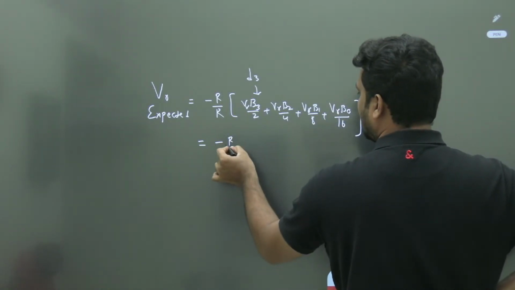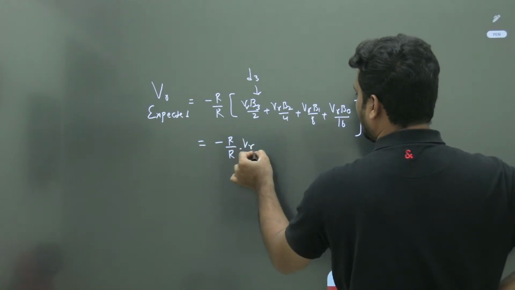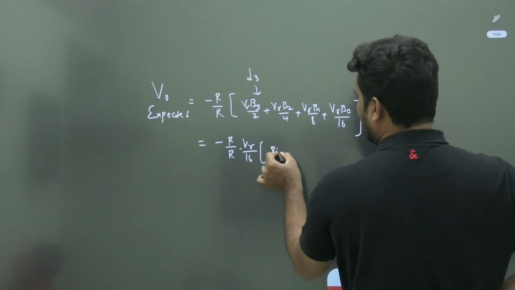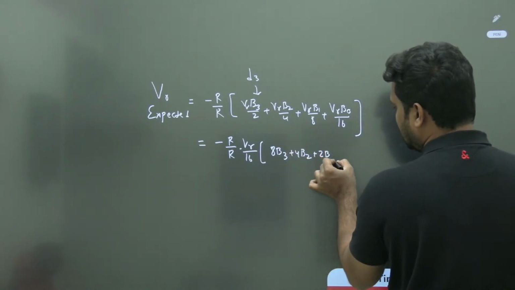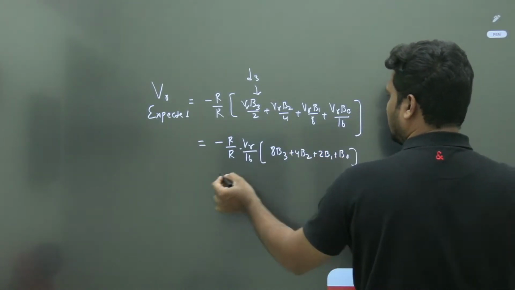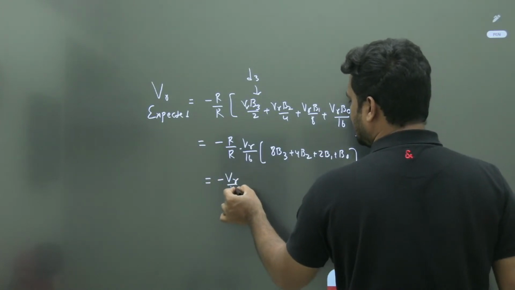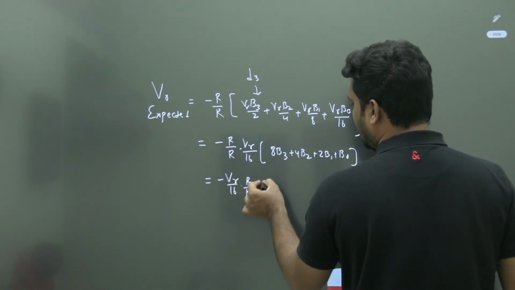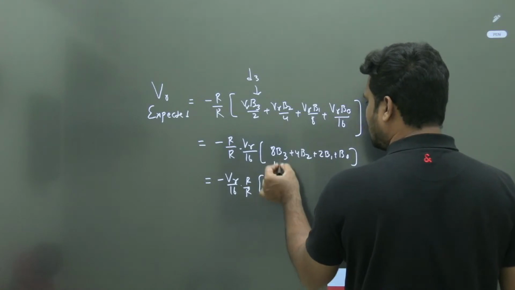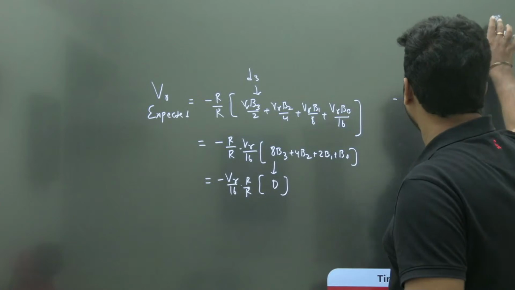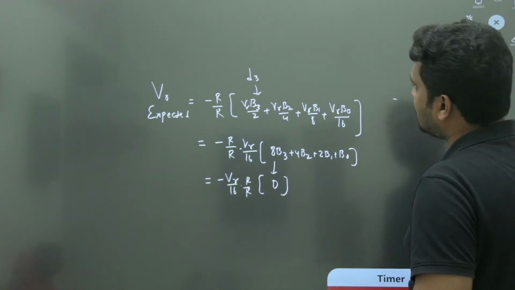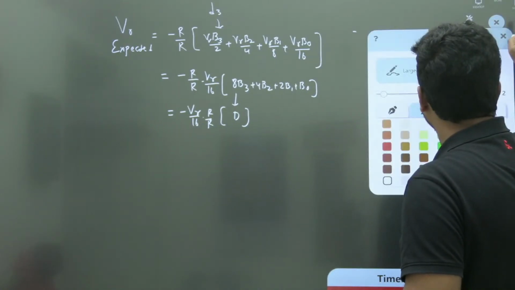So minus R by R, you take VR by 16 common, 8 V3 plus 4 V2 plus 2 V1 plus V0. So minus VR by 16 into R by R into the decimal equivalent of the number is the output you get. Directly I can write it, but just like a revision I have again derived it, the same as we discussed in the weighted resistor type DAC.